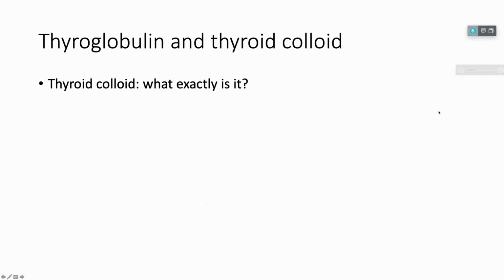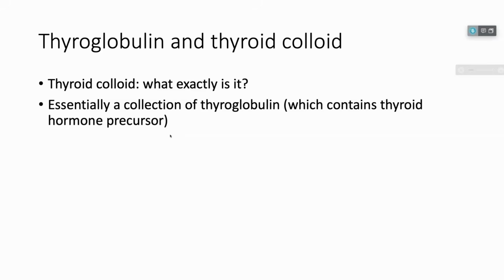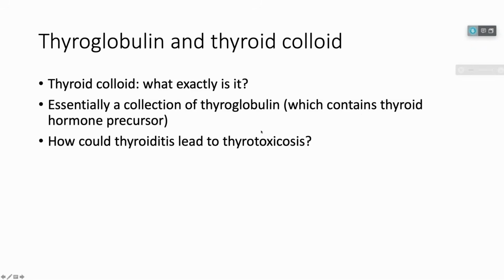So remind me, Marco, what exactly is thyroid colloid? It's a collection of thyroglobulins. Yeah, it's just a bunch of thyroglobulin, which has the thyroid hormone precursors. So Marco, how could thyroiditis lead to thyrotoxicosis? How does that make sense? It's an inflammation of the thyroid, so if the inflammation leads to storage... release of thyroid hormone from the gland.